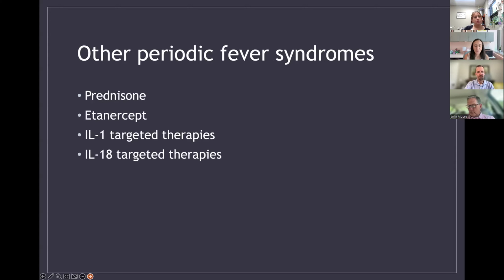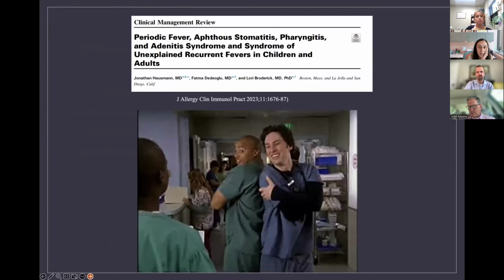And then for all of the rest of the syndromes, the treatment is the same: steroids, TNF inhibitors, and then anti-inflammasome targeted therapies, of which there are a variety. Those are biologics, which probably would want to be prescribed in conjunction with a rheumatologist or an immunologist, but certainly you could. Things like anakinra or canakinumab are options for you.